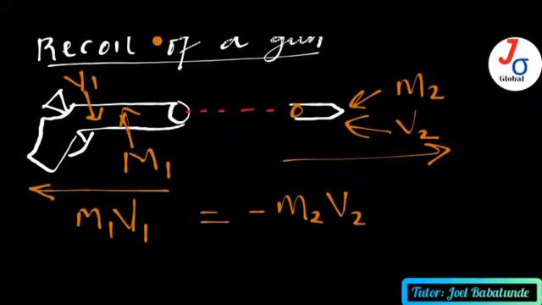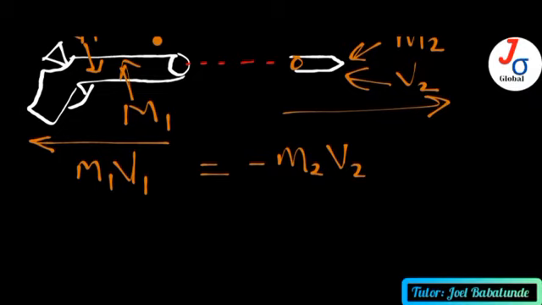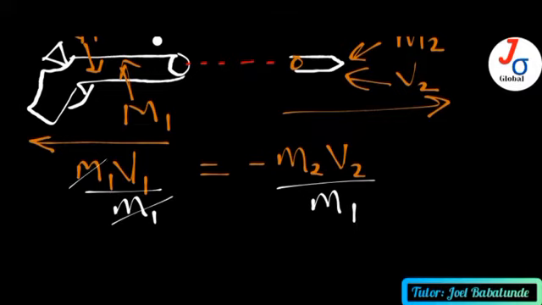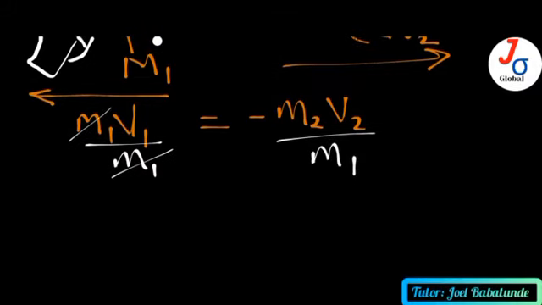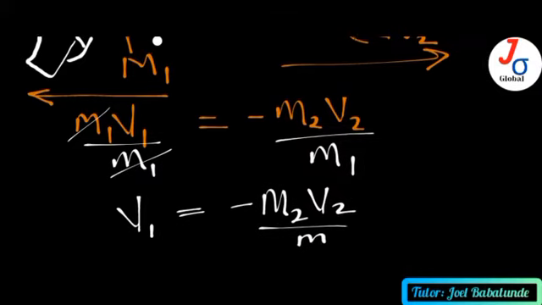If we calculate the recoil of the gun, I divide both sides by M1. So the recoil of the gun, V1, is minus M2 V2 over M1.